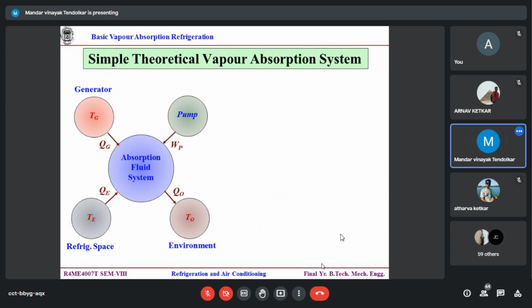Correct? And everything is rejected to the environment. Absorber is also rejecting the heat to the environment. Condenser at the top, that is also rejecting the heat to the environment. So instead of these two things, absorber and condenser, I have written Q naught. Q naught is basically QA absorber plus QC condenser.